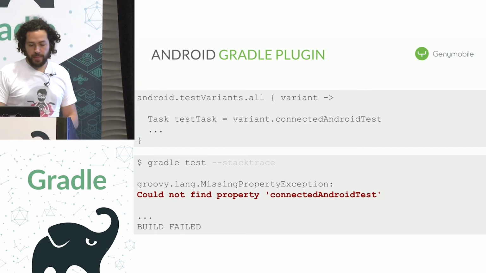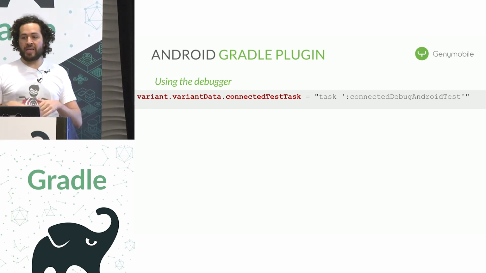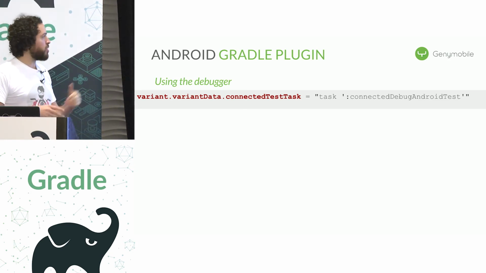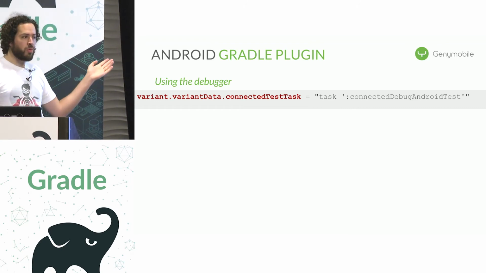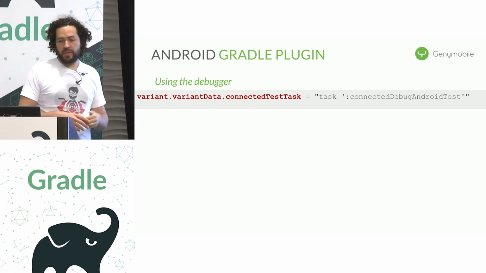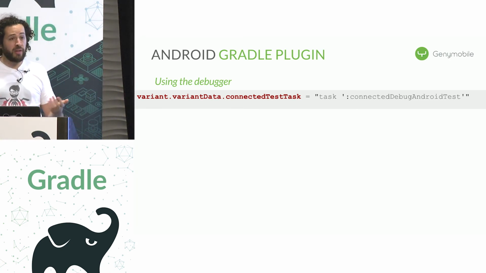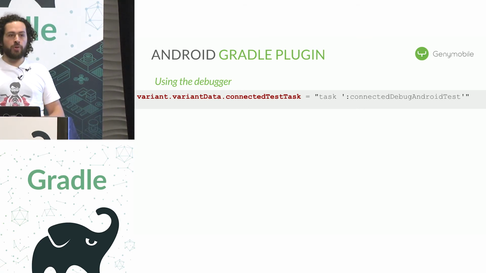So that was a problem because it was in the documentation, but it was not on my instances running for my project. So what I did is use my debugger, trying to explore a little bit what is on the variant. And what I found was pretty interesting. On the variant, there was a property called variantData. And on variantData, there is another property containing a task, connectedTestTask, the name of this property. And the name of this task was connectedDebugAndroidTest.